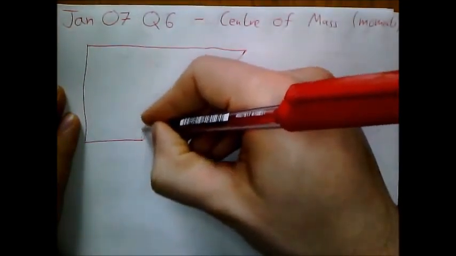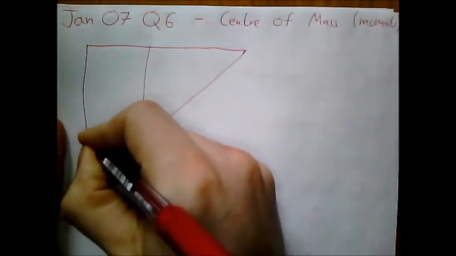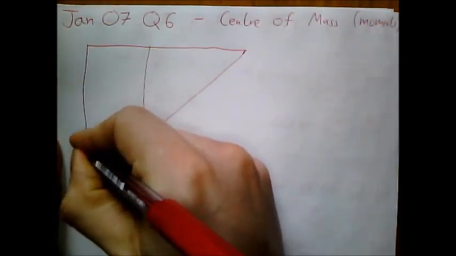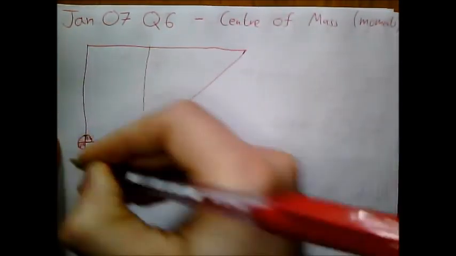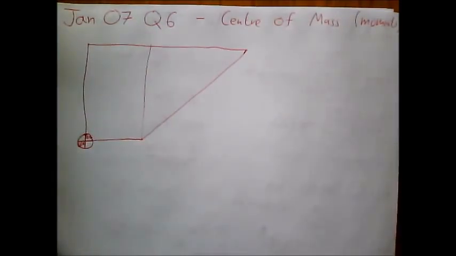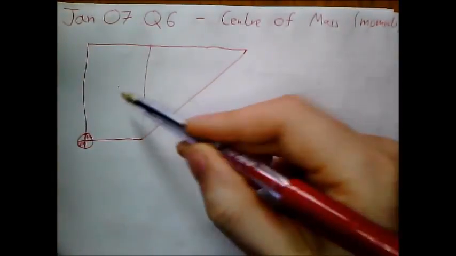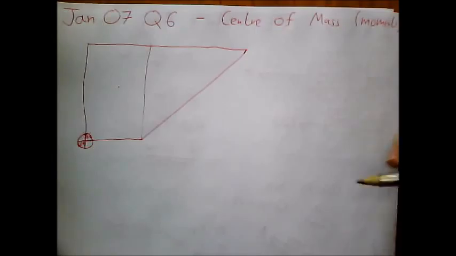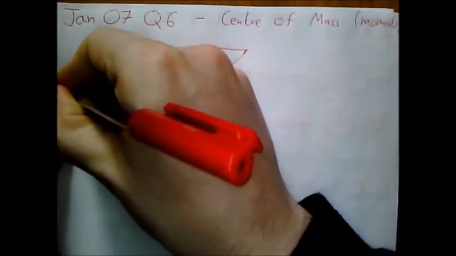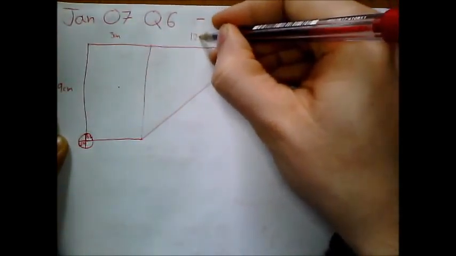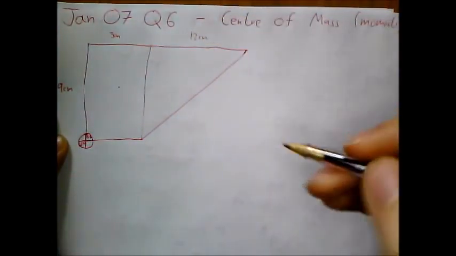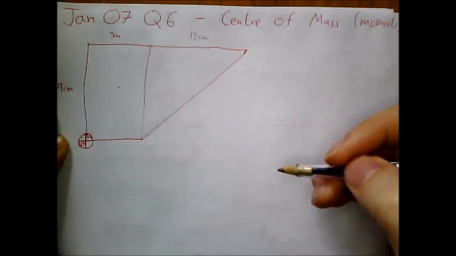So here's our lamina, and this is our datum position here. Now, to get the centre of mass, we're going to need the centre of mass of our two shapes. This is 9 centimetres, this bit is 3 centimetres, and this bit's 12 centimetres, and that's all we're given.